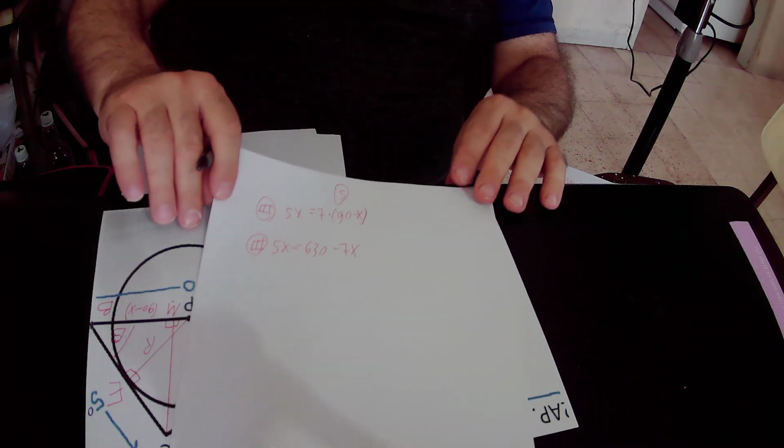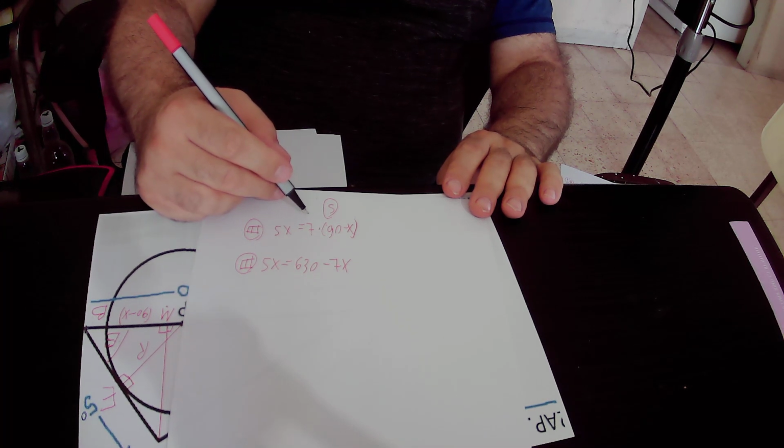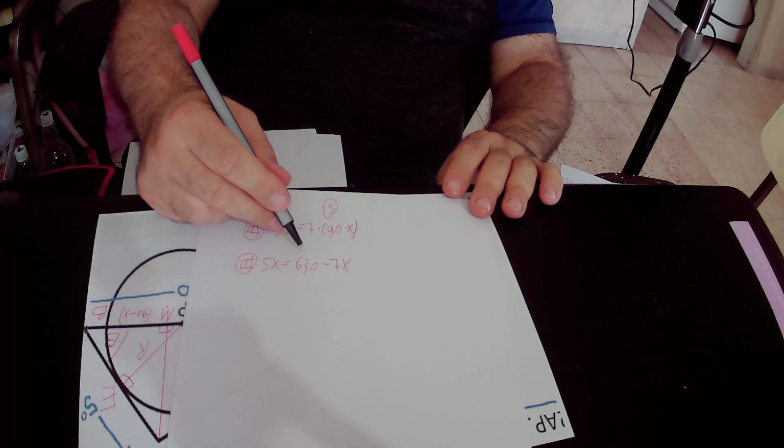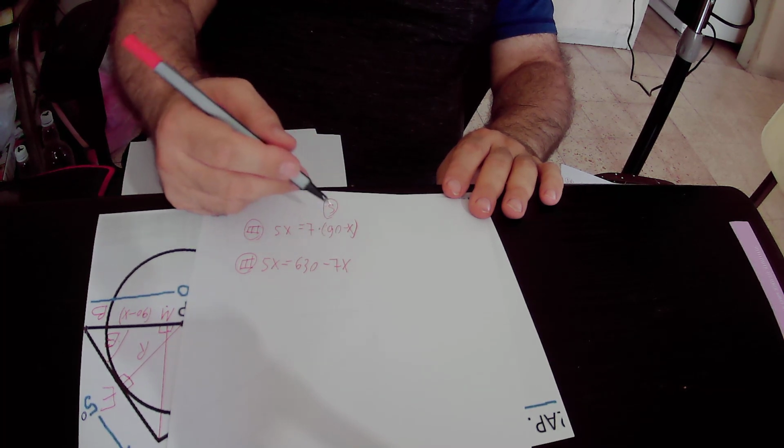So we open the brackets here. 7 times 90 equals 630. 7 times minus 6 equals minus 7x.